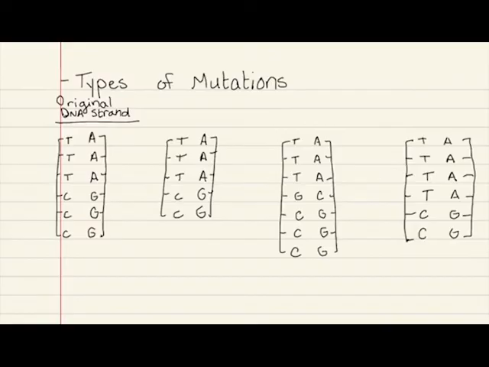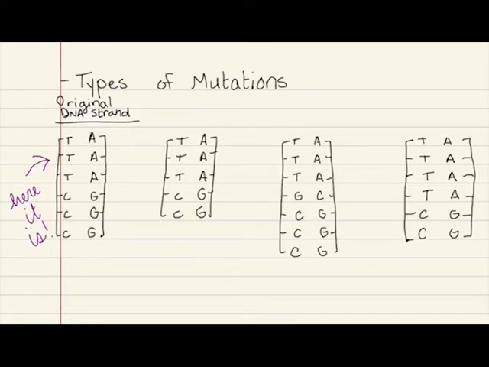All right, that's all. Now, the mutations we are going to talk about involve changing a single nitrogen base. There are 3 total types of mutations that we're going to talk about. And if you look at your notes, you'll see that we have an original strand of DNA that consists of, on the left-hand side, 3 thymines followed by 3 cytosines.